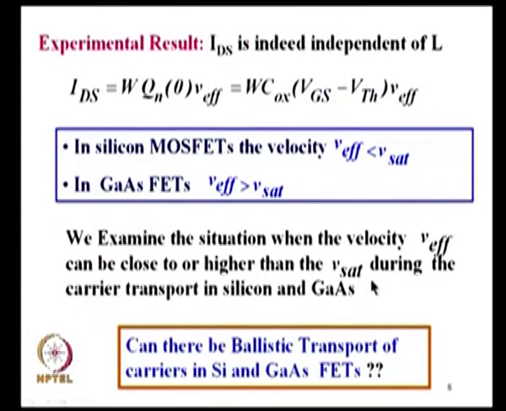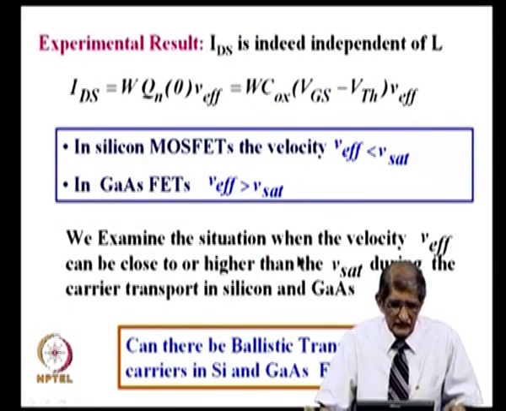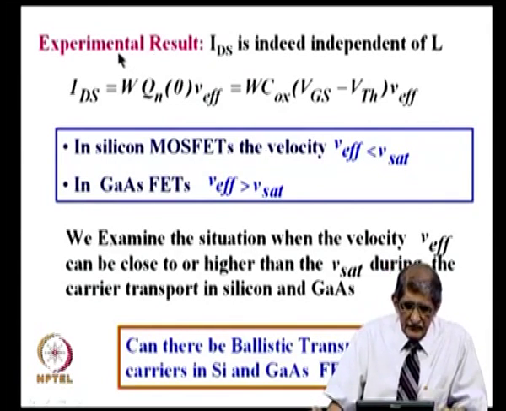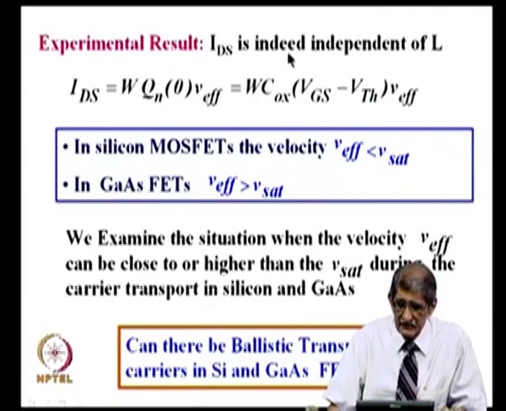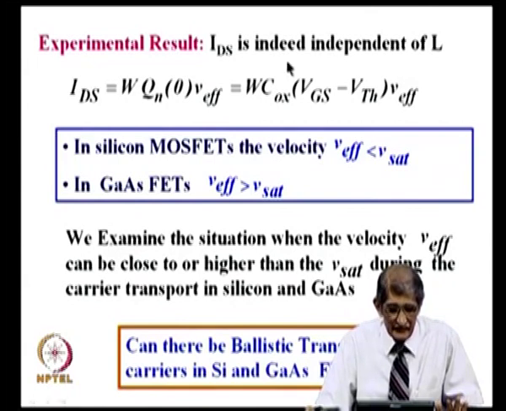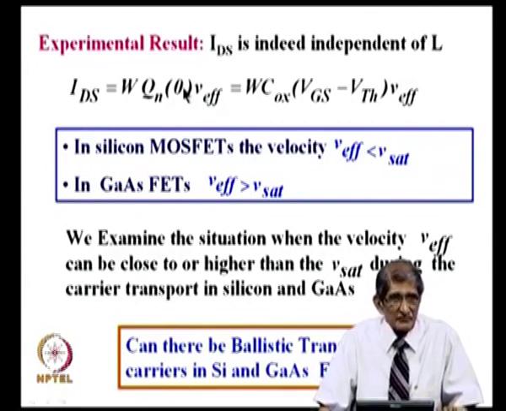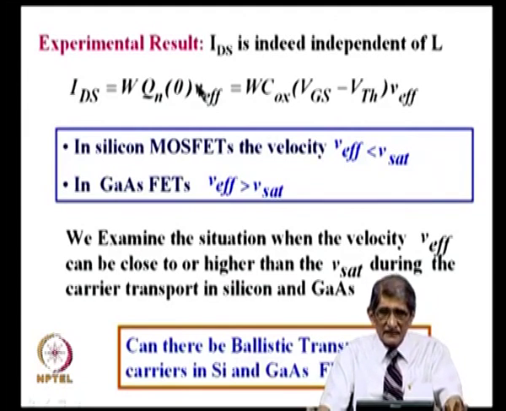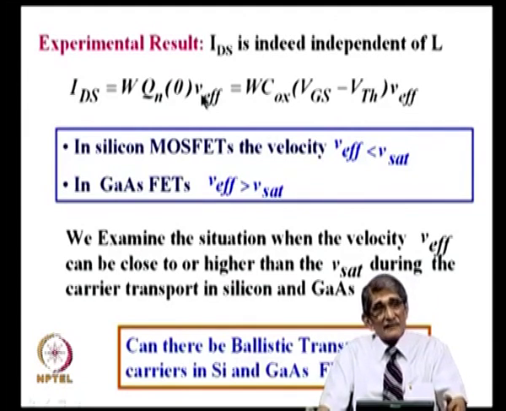Now, let us examine that, quickly go through some of these things. So, this is the basic thing that is involved. So, experimental results, IDS is indeed independent of L, we are very happy, but this formula also holds good, except the charge when you take at the source end, the velocity is not velocity saturation, but some effective velocity which is lower than saturation velocity, but it is a function of saturation velocity, okay, and some other factor comes into picture.